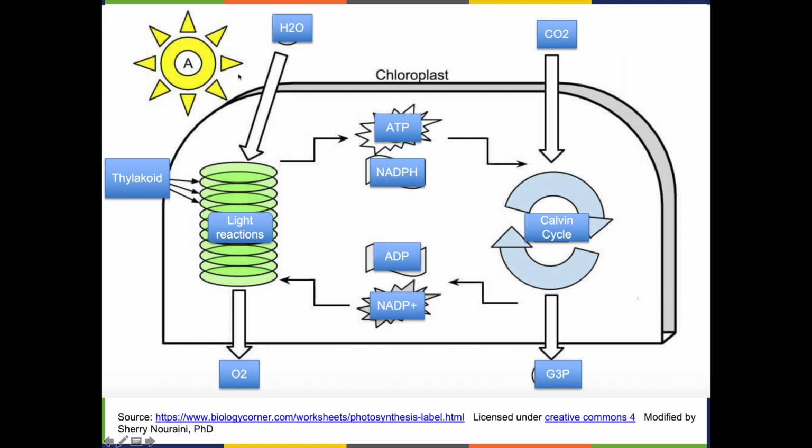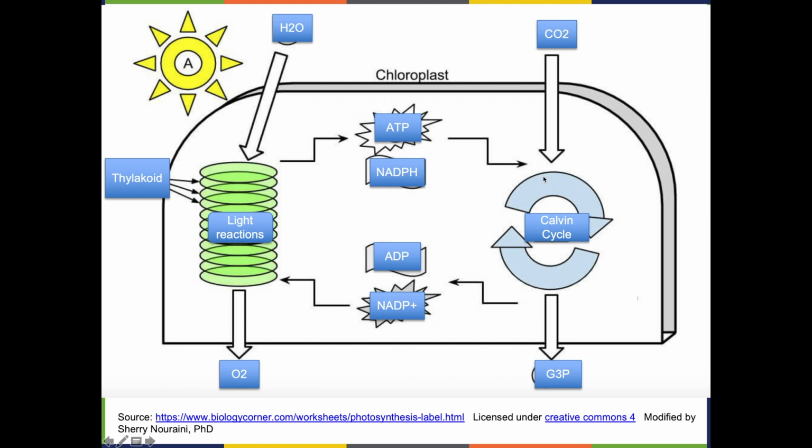So this is a summary of photosynthesis. We have the light reaction in the thylakoid membrane. These are the thylakoid membranes. Water is a reactant. You get oxygen as a byproduct. But what comes out of the light reaction that is going to be used by the Calvin cycle are ATP and NADPH.